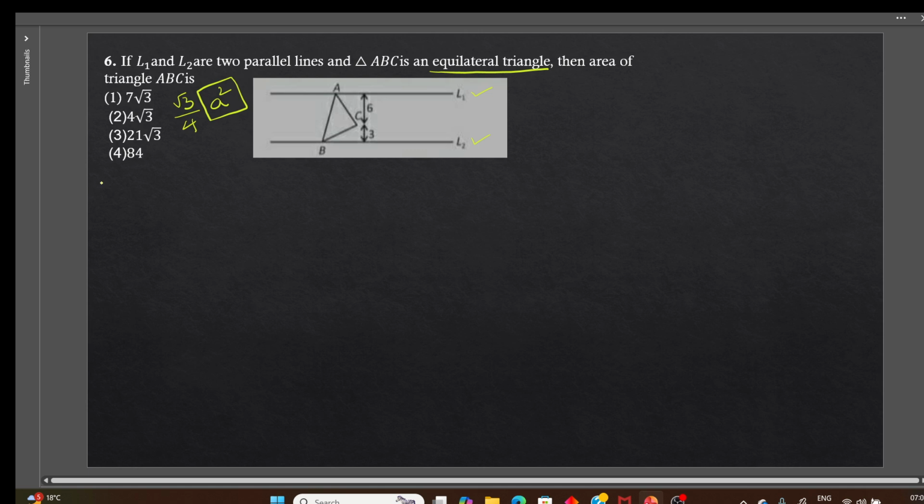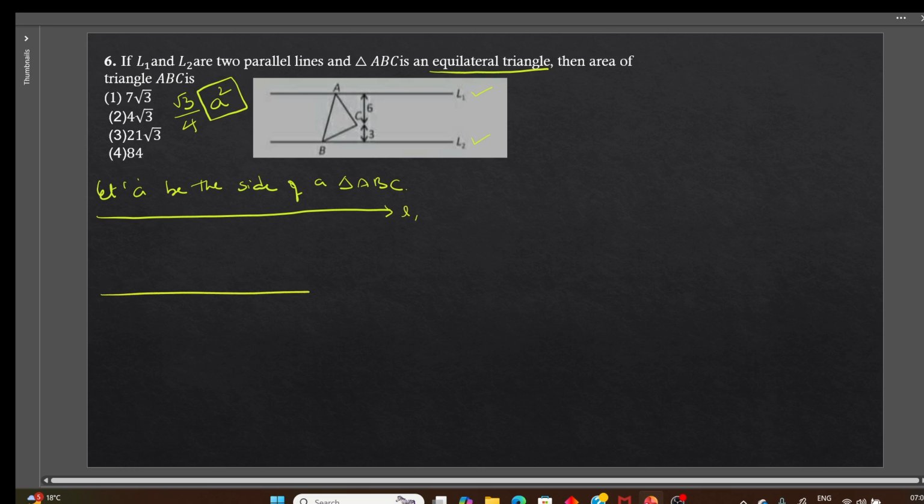For that, let A be the side of triangle ABC. Shall I construct one more time? L1 and this is L2.